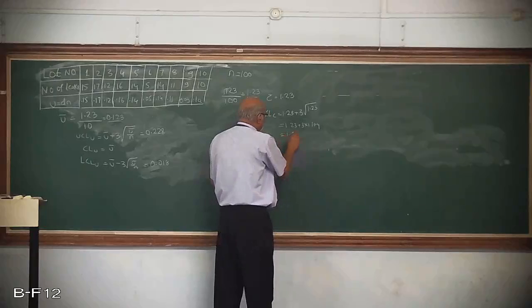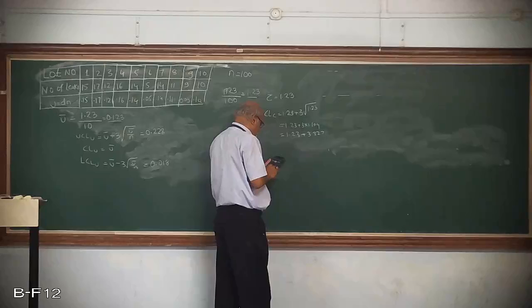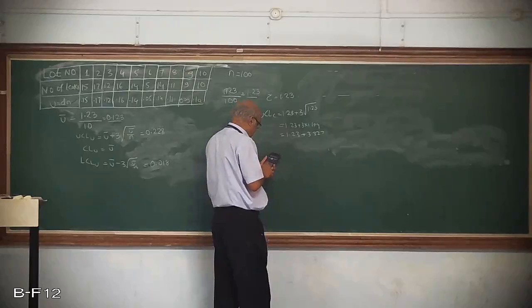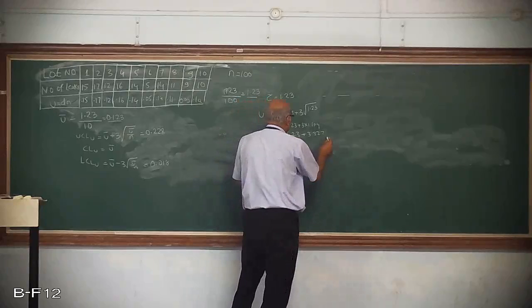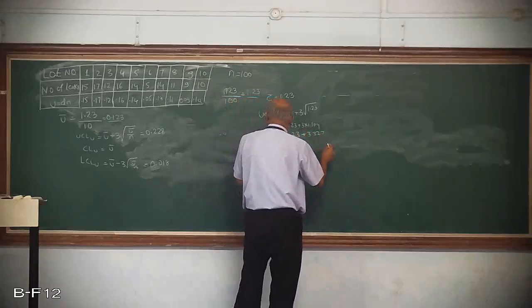So this is 1.23 plus 3.327, which equals 4.57.